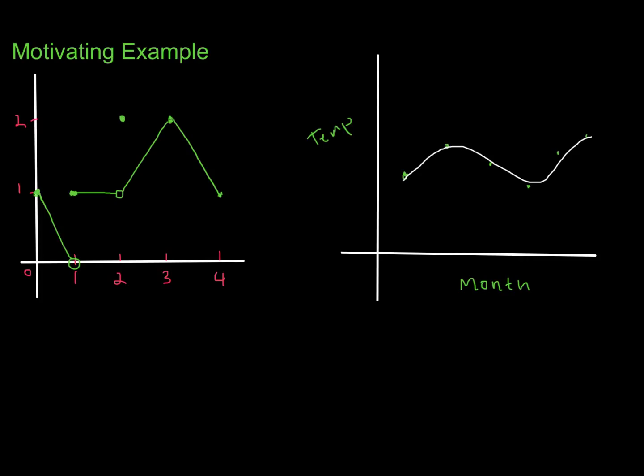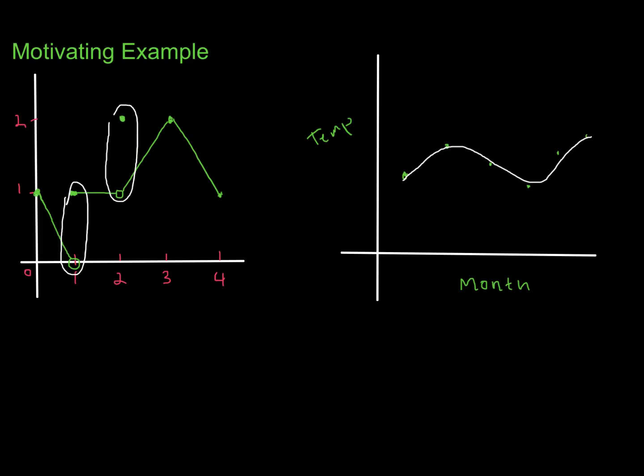Okay, so there are a couple of spots where it's pretty clear that the function is not continuous. For an x value of 1, notice that I would have to lift my pencil off of the paper. So clearly when x is equal to 1, we have a discontinuity. Similarly, when x is equal to 2, we have a discontinuity, right? Again, I'd have to take my pencil off of the paper.